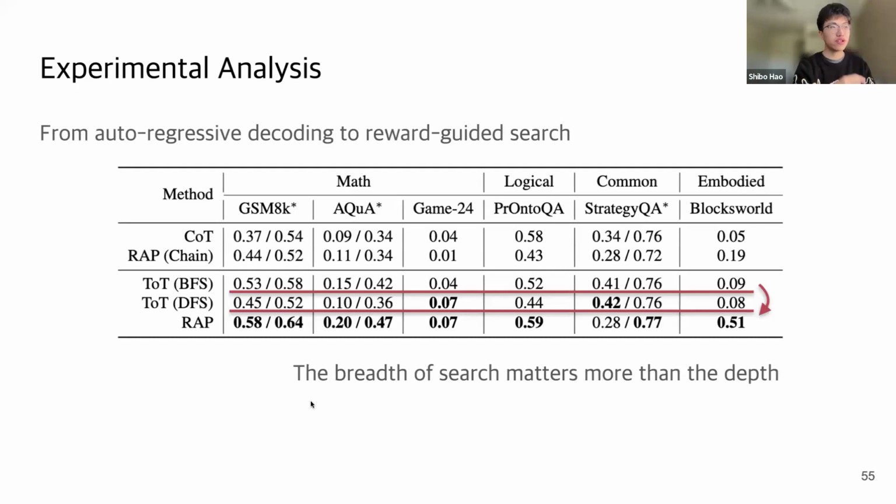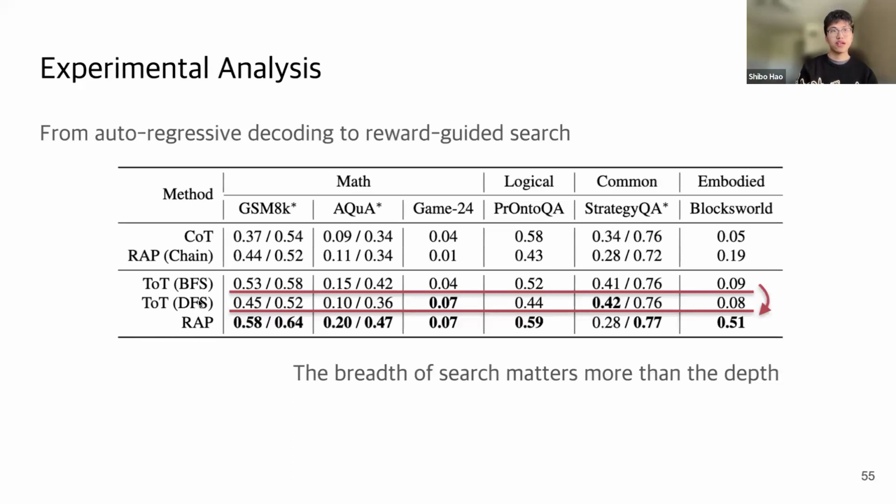And I believe that's because on this reasoning task, the search space is really large, so you don't want to get stuck in a local maximum at the very beginning of your reasoning, so that you can only explore more at the end of the reasoning chain, and that's what DFS does.